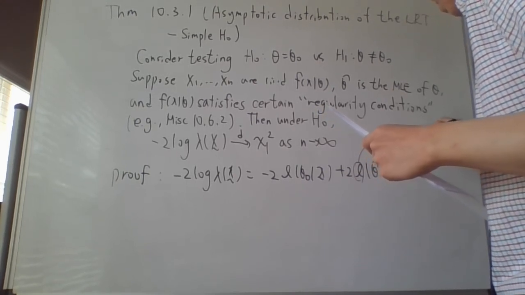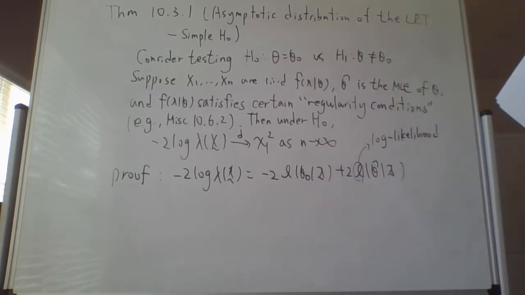This little l is the log likelihood. Now we would like to expand this log likelihood of theta given x tilde around theta hat. In studying asymptotics, Taylor series expansion is the most useful and important tool. So we would like to do a Taylor expansion.